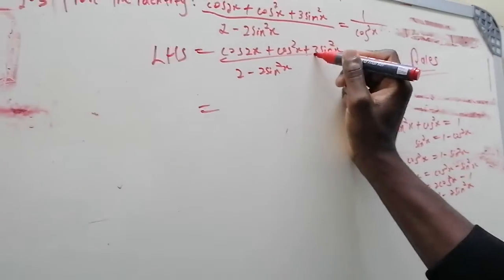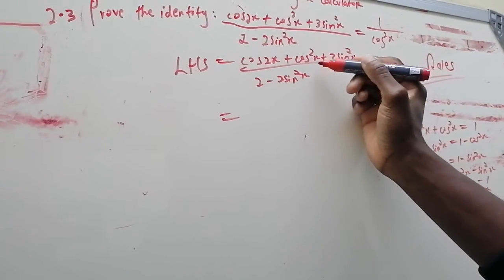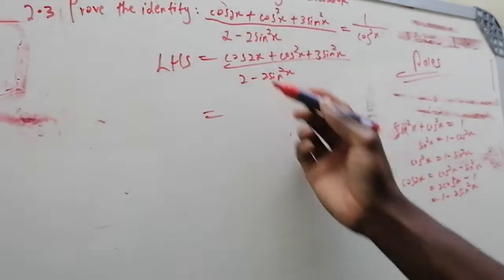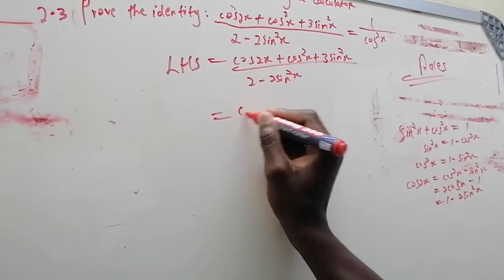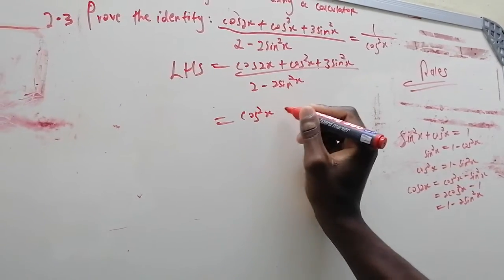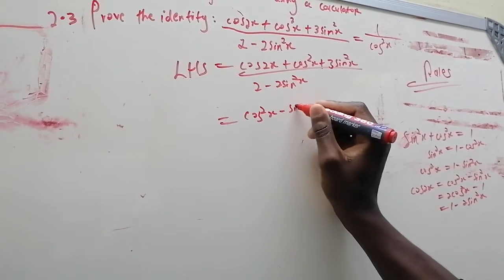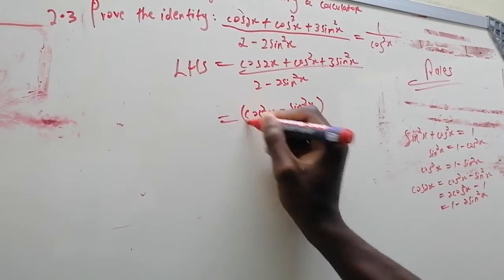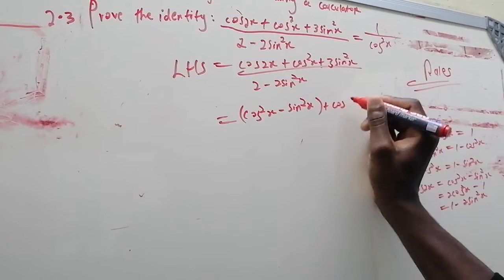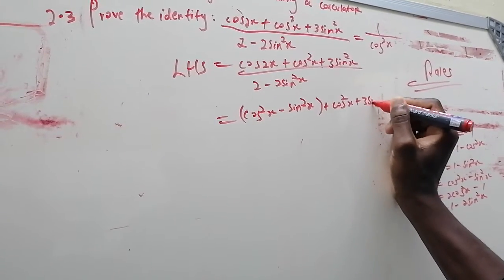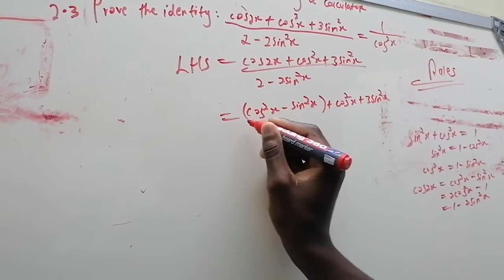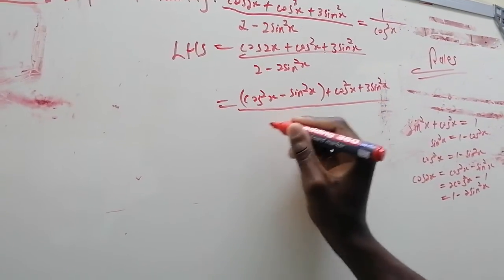When you look at this problem, you see that we have cos squared x and sine squared x. So let's change this cos 2x to be cos squared x minus sine squared x. Cos squared x minus sine squared x plus cos squared x plus 3 sine squared x all over.